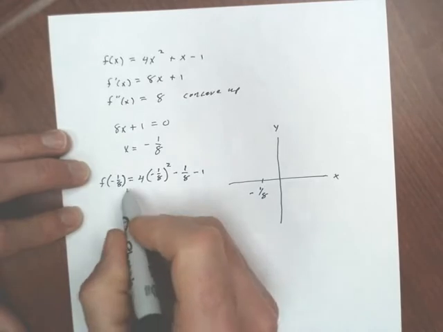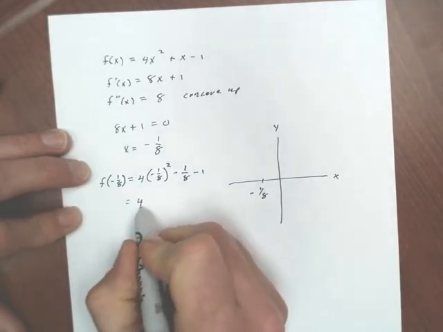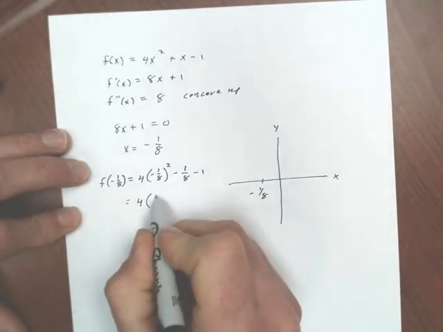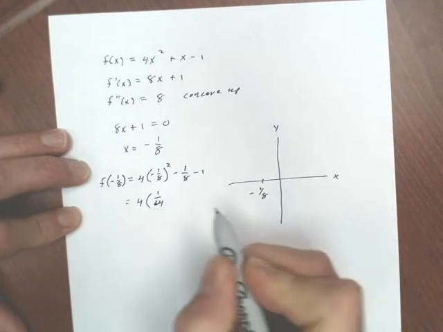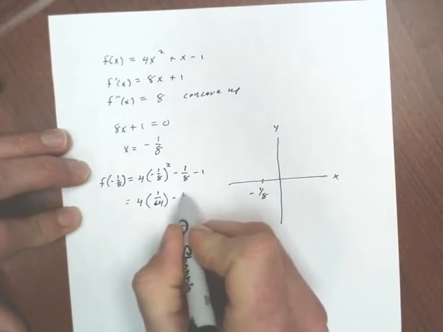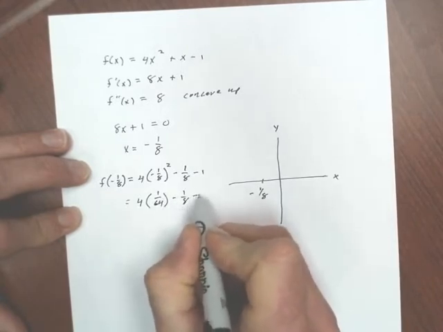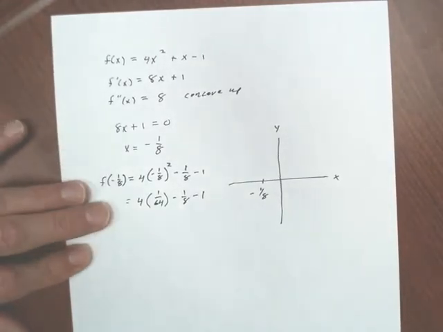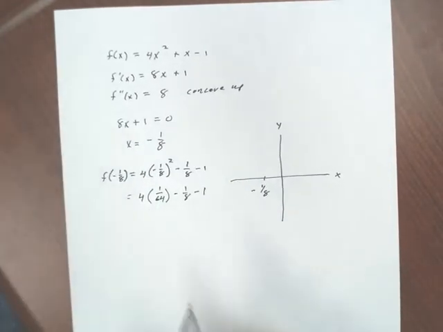So this gives us 4 times 1/64 minus 1/8 minus 1. This gives us 4/64. Now, let's see. 4 divided by 64 is 0.0625. But let's go ahead and work this out in fractions first.